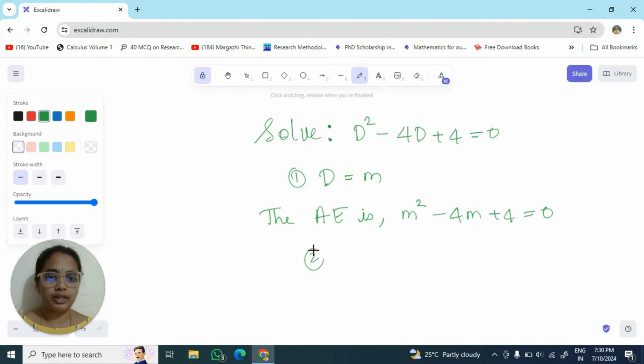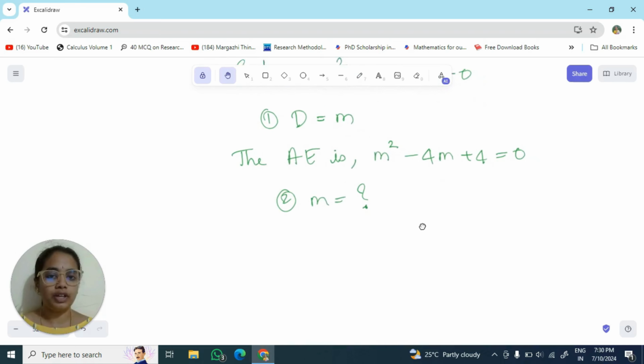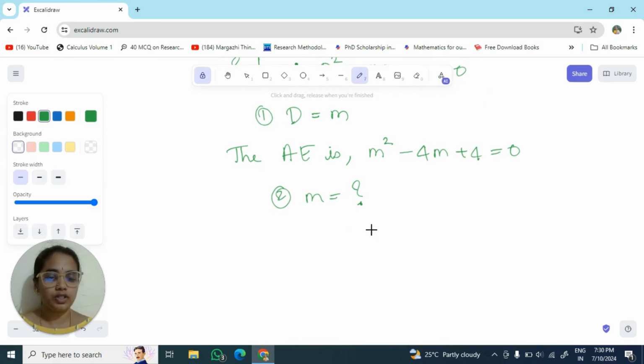Now what is the second step? We'll have to find the values of m, right? So how do you find the values of m? Just use the basic math that we know. This looks in the form of a square minus 2ab plus b square, which is nothing but m minus 2 the whole square is equal to 0. So we have m minus 2 into m minus 2, equate each term to 0. We would be getting the roots as m is equal to 2, 2.